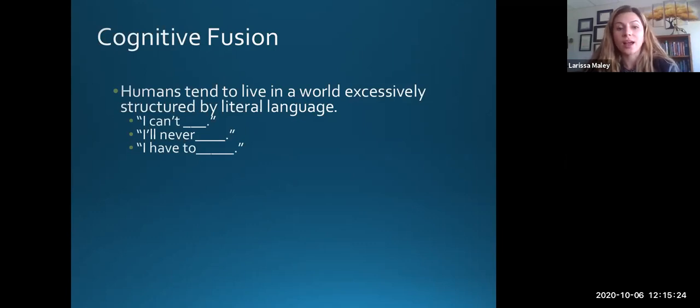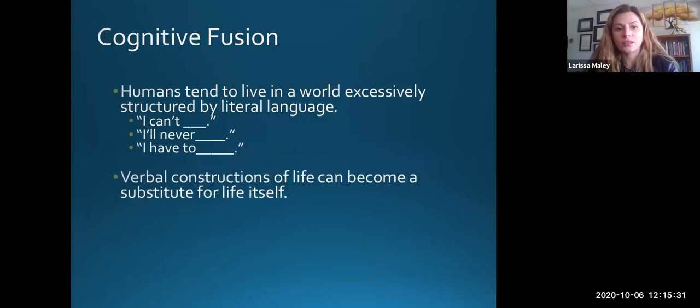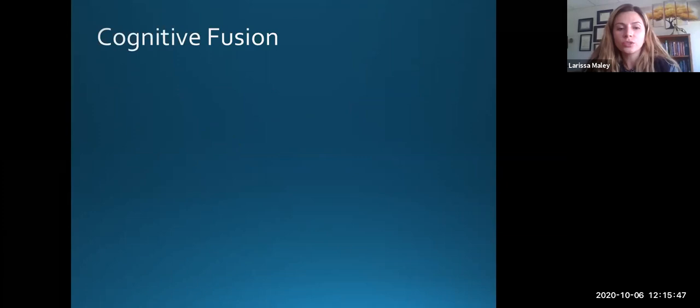They're able to say, I'm having the thought, I can't do X, Y, and Z, rather than believing the statement, I can't do X, Y, and Z. So this treatment will allow folks to understand and gain better insight into how those verbal constructions of their life have made up their life. And this is especially true with individuals with chronic pain.